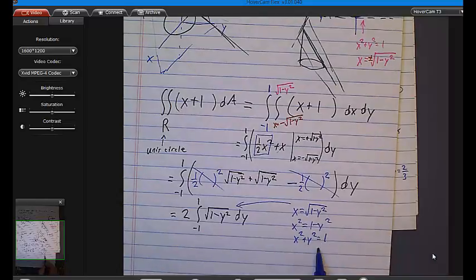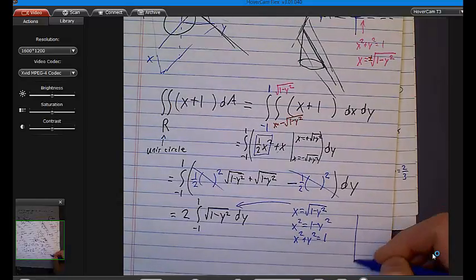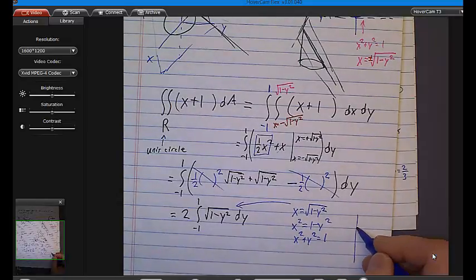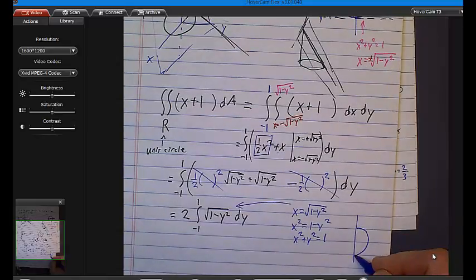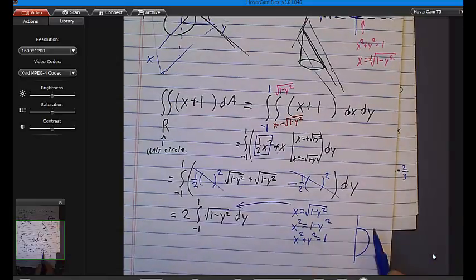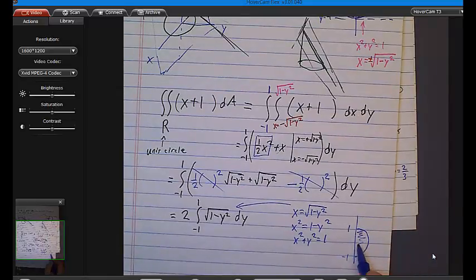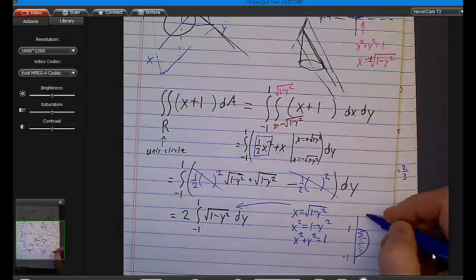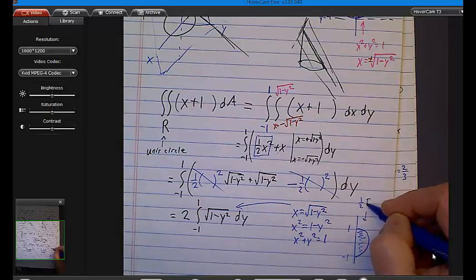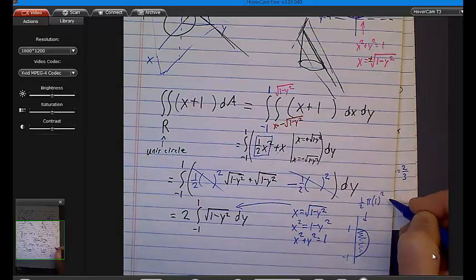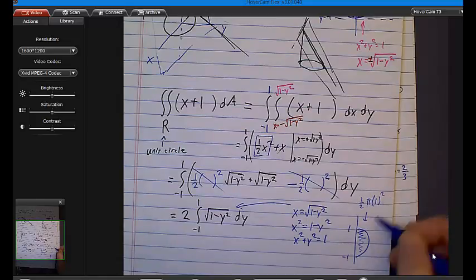I'm really integrating part of the unit circle, this part, because it's positive x, from -1 to 1. So what's the area of the unit circle? It's pi r squared, right? So this is half of pi times 1 squared. So I claim that this is pi over 2.